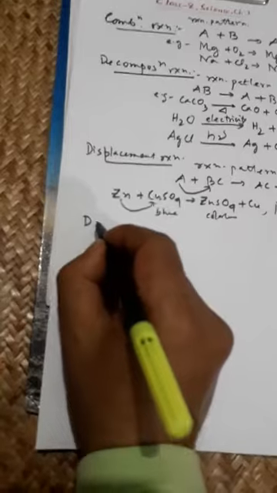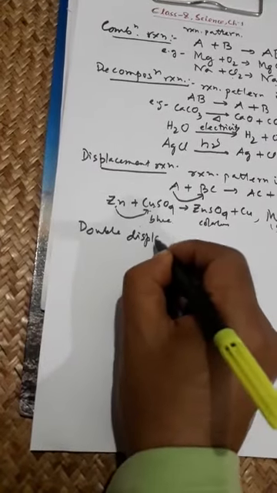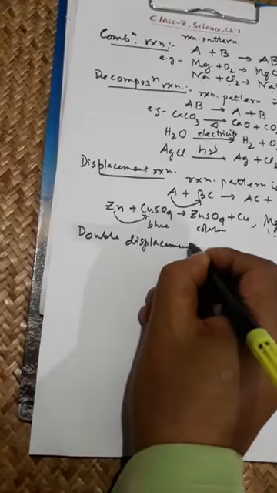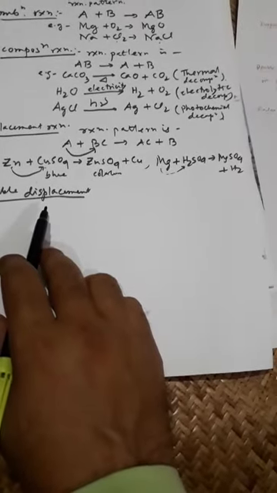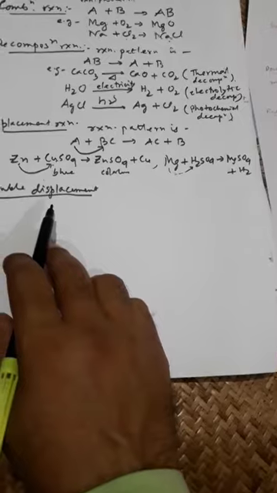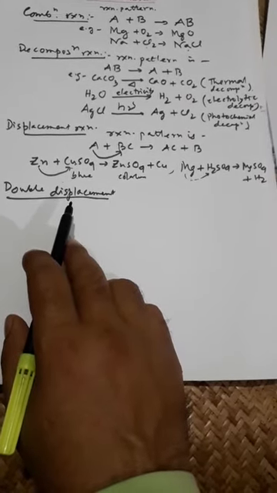it is double displacement reaction. The reaction in which the exchange of ions between reactants takes place is known as double displacement reaction.